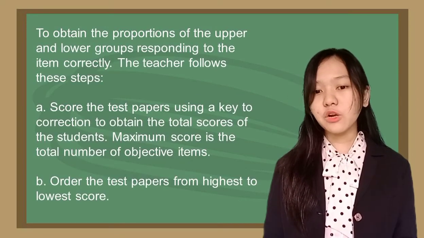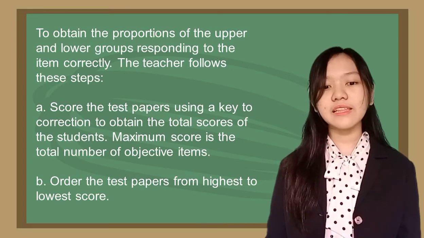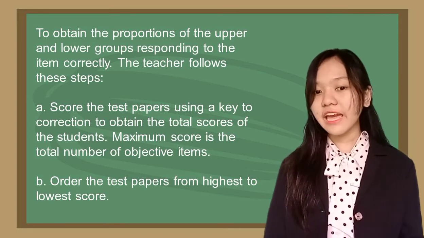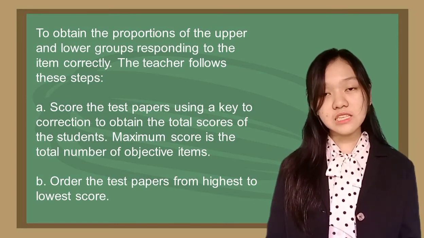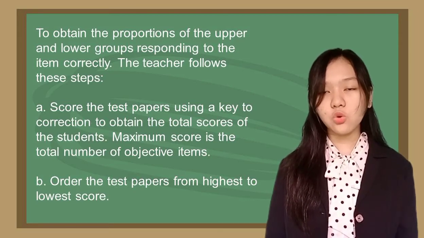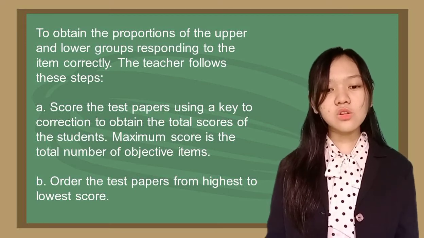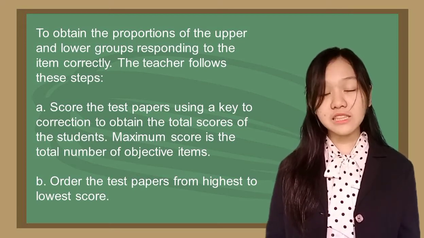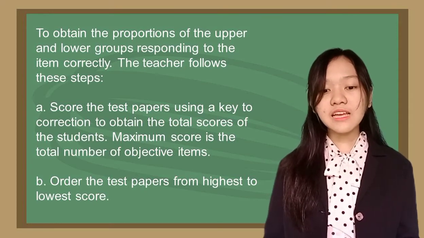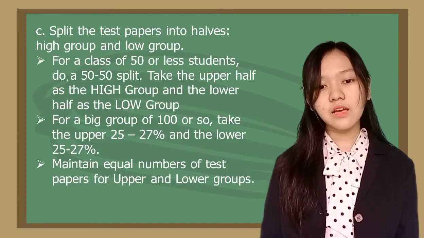To obtain the proportion for the upper and lower groups responding to the item correctly, the teachers can follow these steps. For letter A, score the test papers using a key to correction to obtain the total scores of the students. Maximum score is the total number of objective items. Letter B is to order the test papers from highest to lowest score.